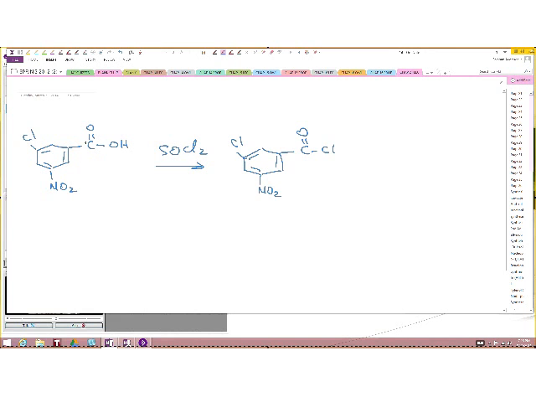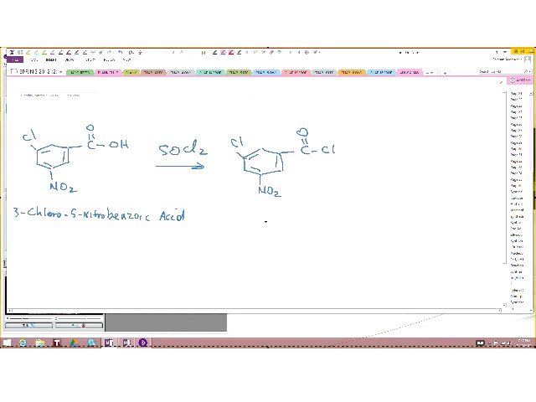What will be the name of this one? This will be called benzoic acid, right? So that would be 3-chloro, that's 1, 2, 3, 4, 5, 5-nitro benzoic acid. Therefore, what will be the name of this acid chloride?